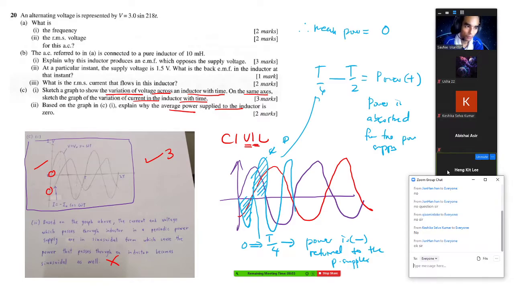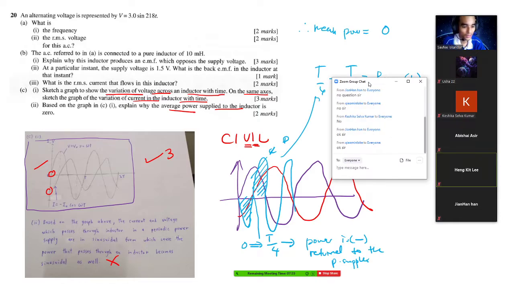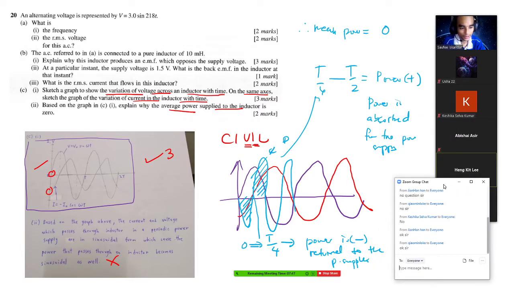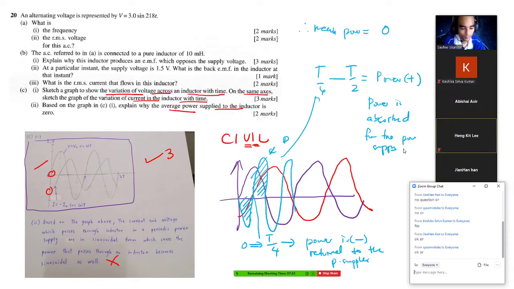So we have to find another student who hasn't done anything yet, like Keshika, Jahan and Xiaomin, to try to answer, and then we discuss in the Zoom. Is it okay, everyone? Okay, sir.